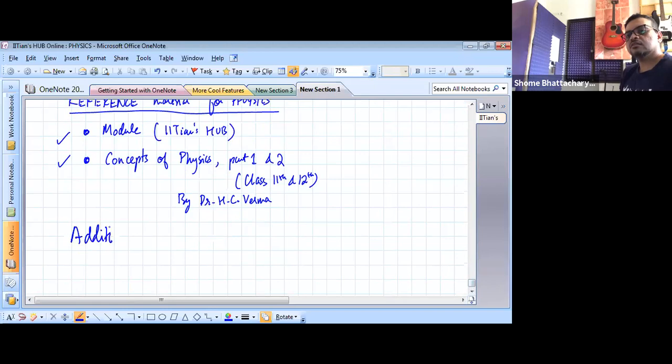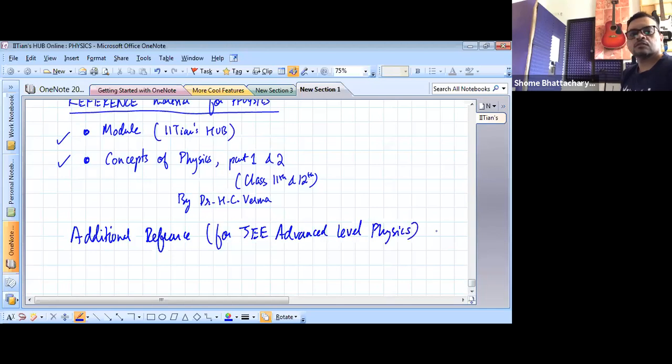Additional reference for JEE Advanced level physics. We'll inform about the test and all, don't worry.